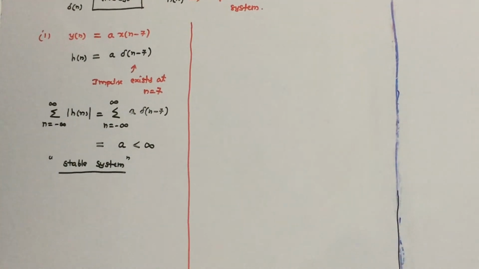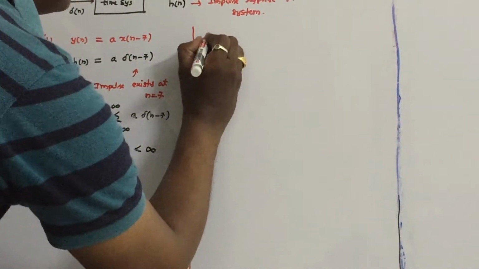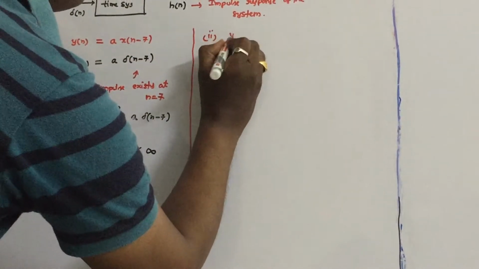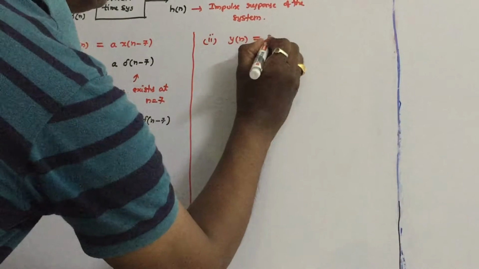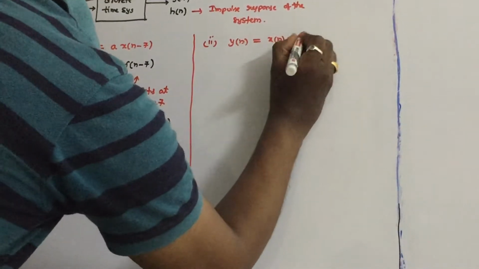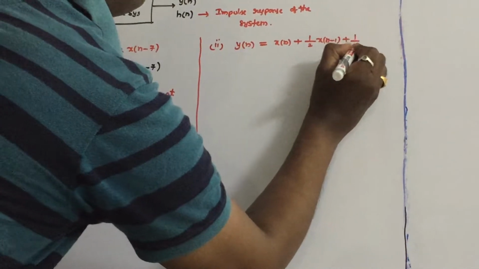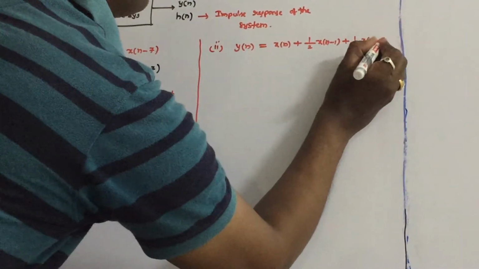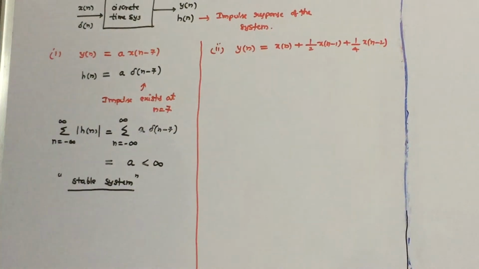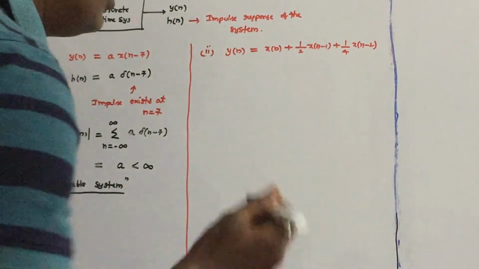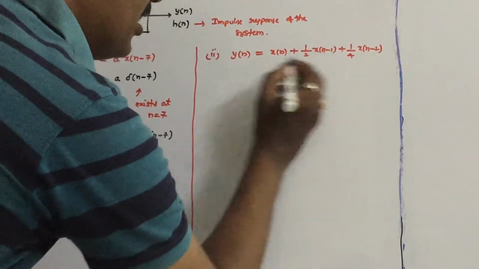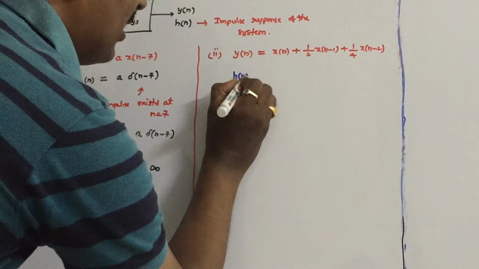Now let us see the second example. Y of n is equal to x of n plus 1 by 2 into x of n minus 1 plus 1 by 4 into x of n minus 2. If it is given like this, just apply impulse to the input. The response is called the impulse response h of n.